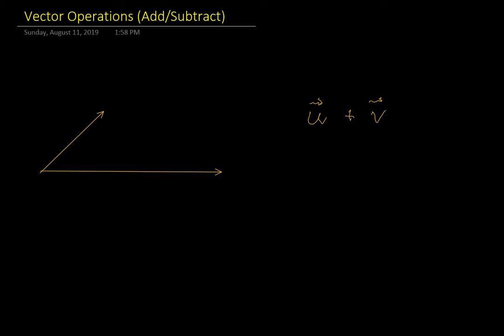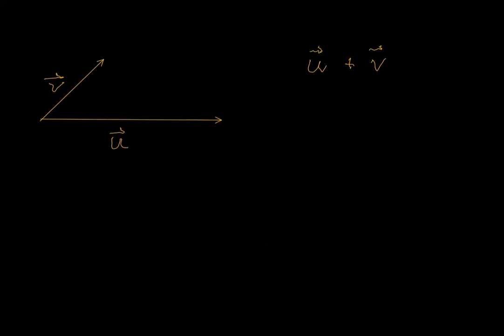The first is addition. So if we had a vector u and a vector v, and we were supposed to add these geometrically or graphically, we could do what some instructors call the tail to tip or tip to tail method. You could draw vector u.